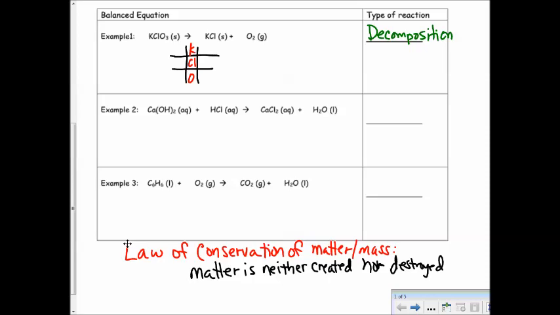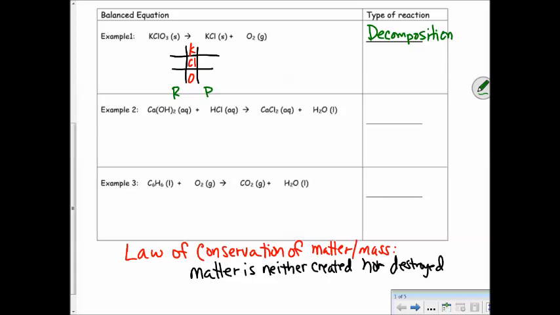Now what we're going to do is we're going to count the amount of each one on each side of the arrow. So on this side, we have our reactants. This side, we have our products. We're counting the reactant amount, and we're counting the product amount before we begin to try to balance.